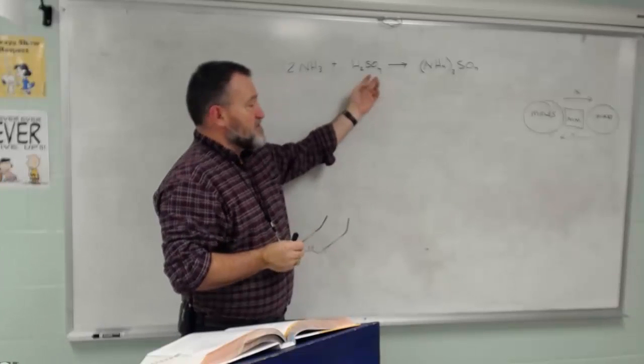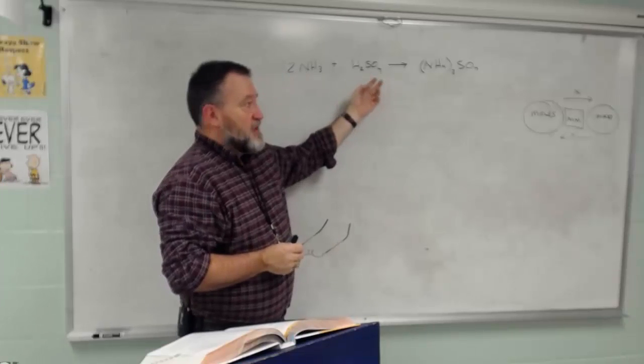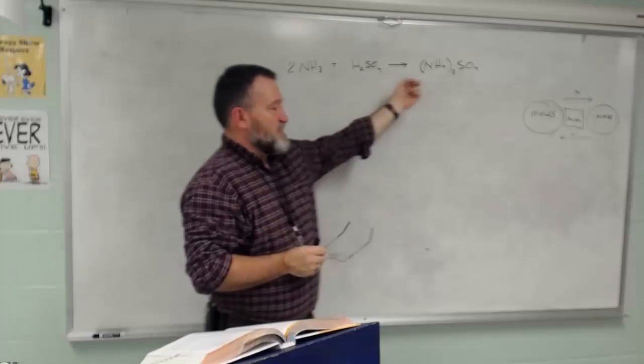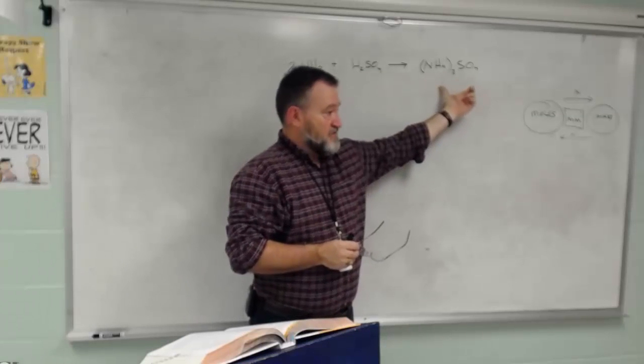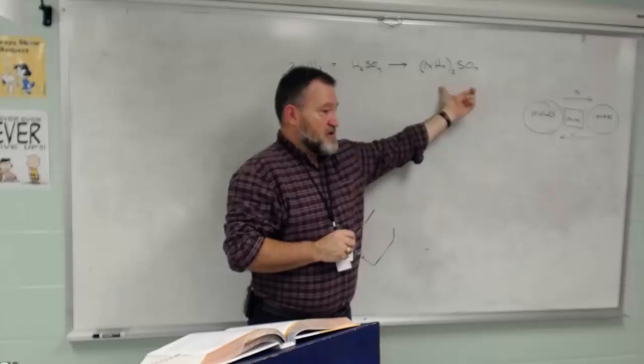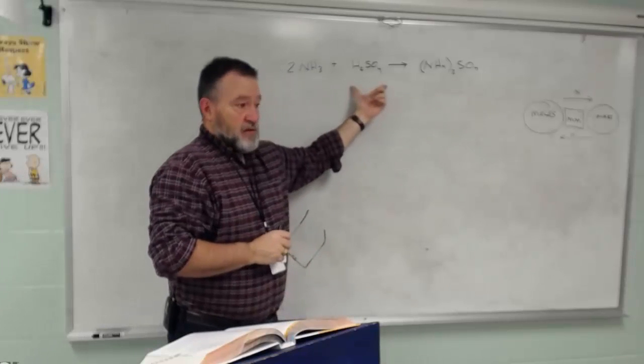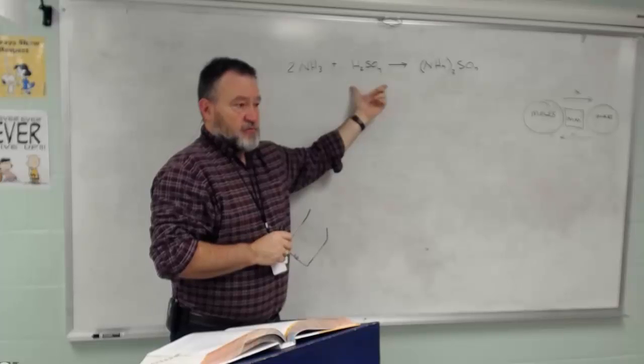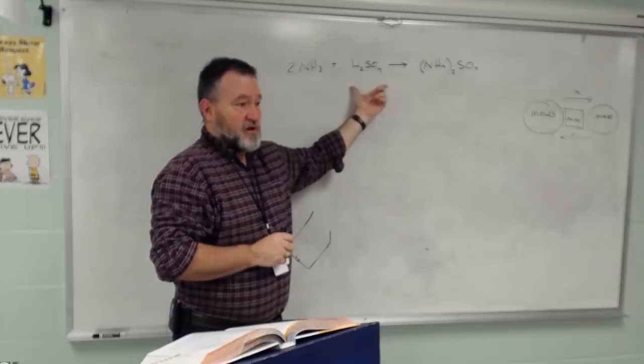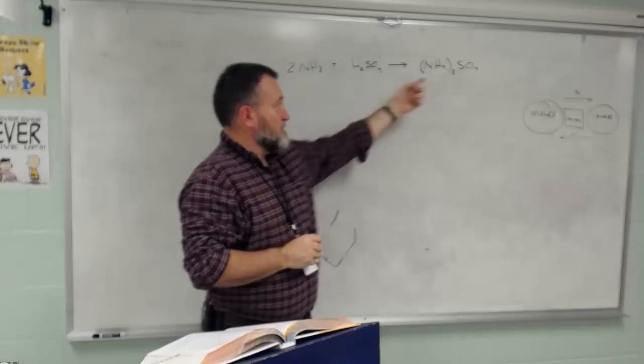Some of this was converted with this to make this. So I'm going to have ammonium sulfate in the pool, right? Because some of it was produced. Am I going to have any sulfuric acid left in the pool? No, it's all gone. Where'd it go? It went to build these.